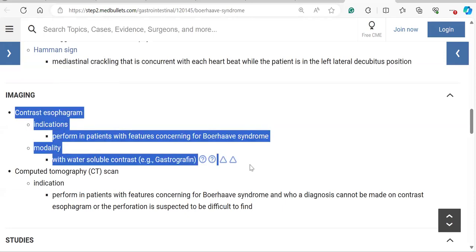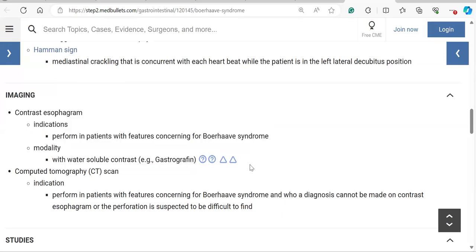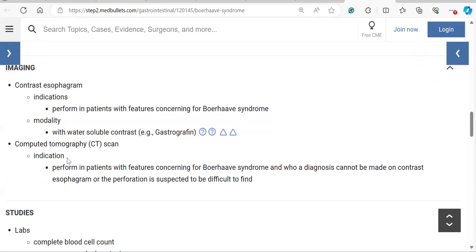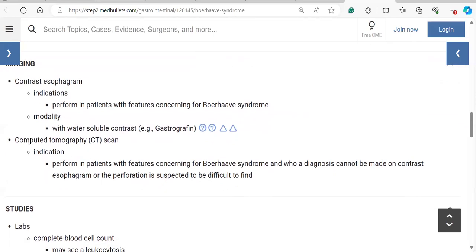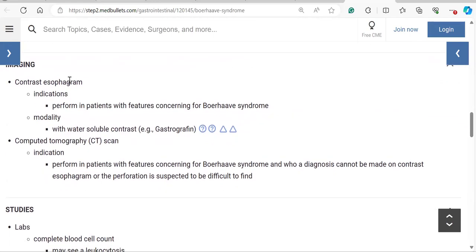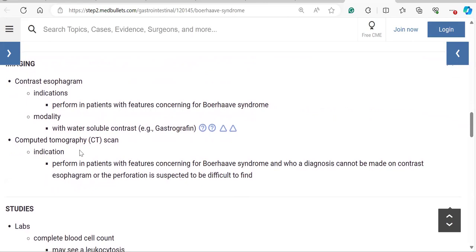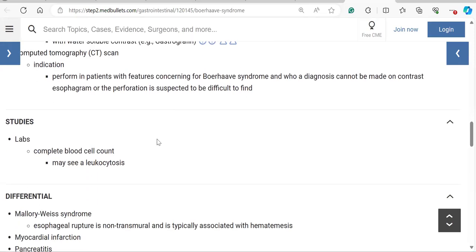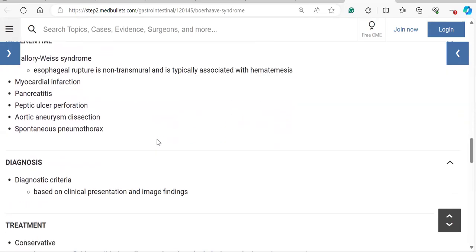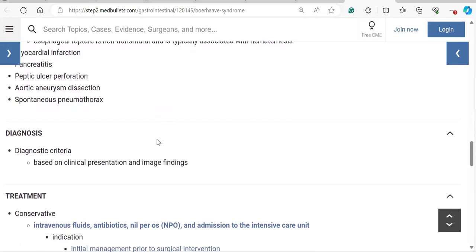Okay, so contrast esophagogram or gastrografin swallow is the main investigation, and if that doesn't work, then you can do a CT. If they ask what is the confirmatory investigation, CT is much better than esophagogram. Okay, but initially you should start with the gastrografin swallow, and definitely the treatment is repair of the rupture.